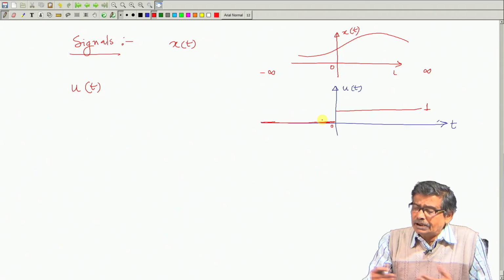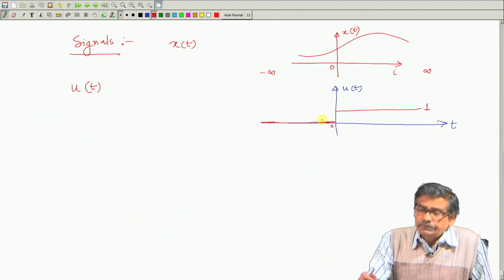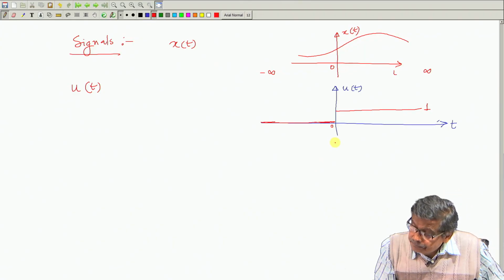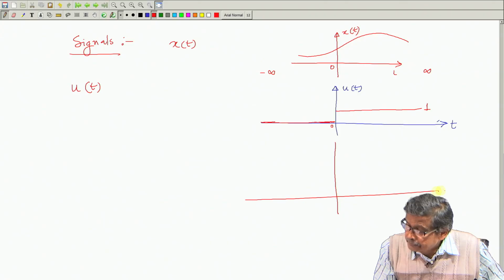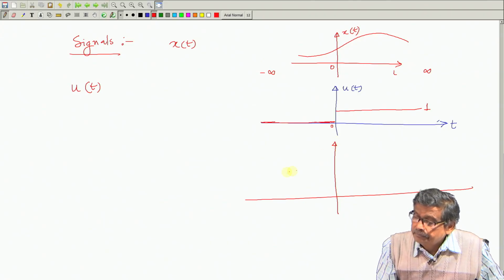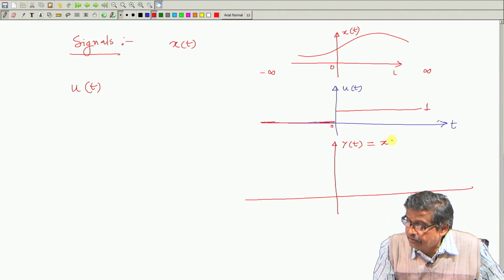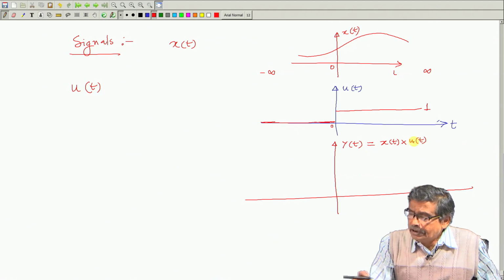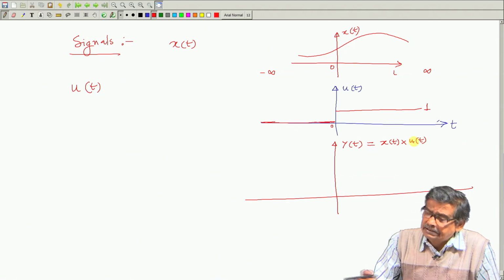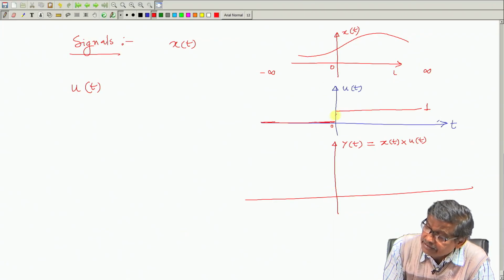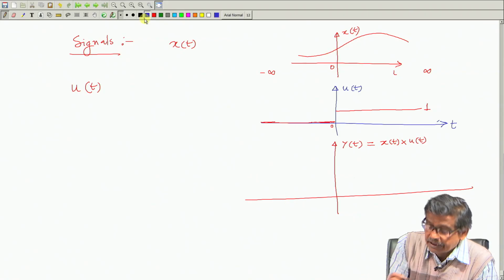This is the thing. So, we will just see what happens if you multiply a signal x(t) with u(t). If I want to sketch a signal y(t), which I say is equal to x(t) into u(t), the unit step function: if you multiply any function x(t), which is otherwise existing like this, then for t less than 0 it is 0 into all these things, so it will be a flat 0 there.